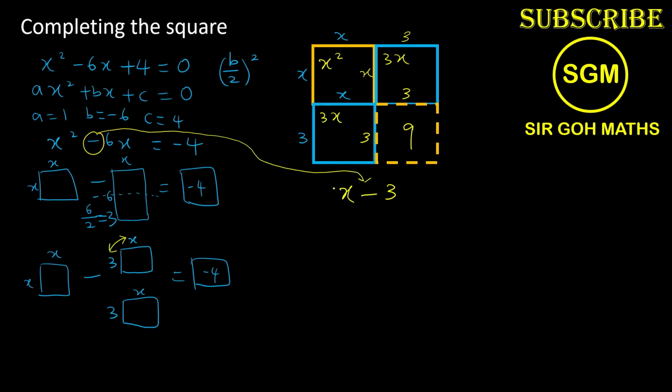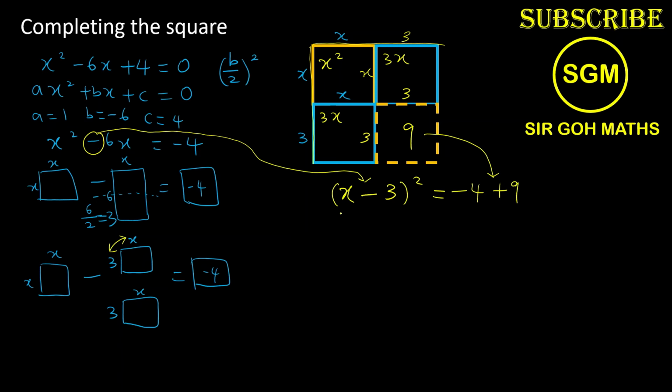So now bracket squared, x minus 3. So here this length multiplied with this length, actually we get the square, right? Okay, correct. So we continue, equals, and then here we look at the answer, negative 4. So we put 9 here, we just put plus 9.